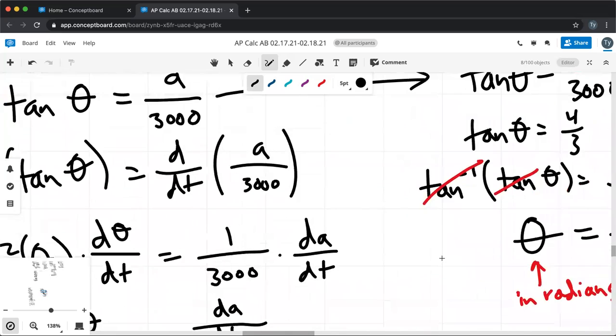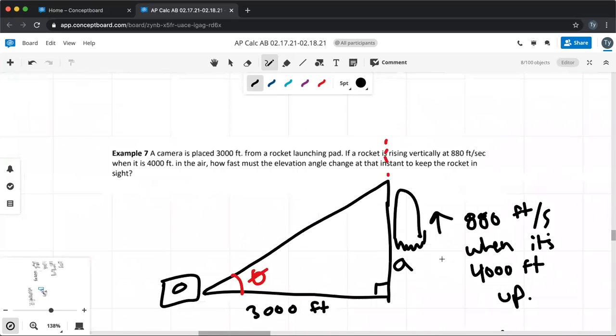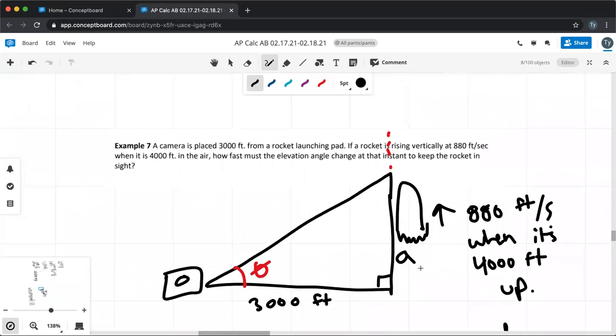All right, so let's take a look at the problem again. We were trying to find how fast the elevation angle changes at the instant when the rocket is 4,000 feet in the air.